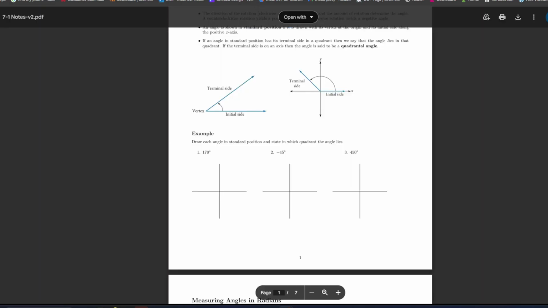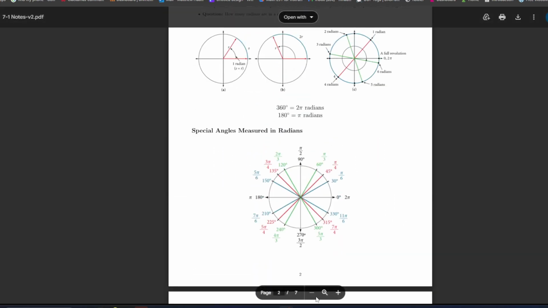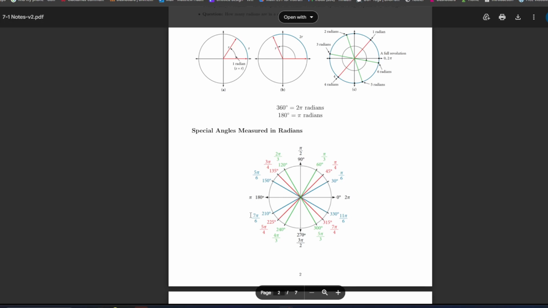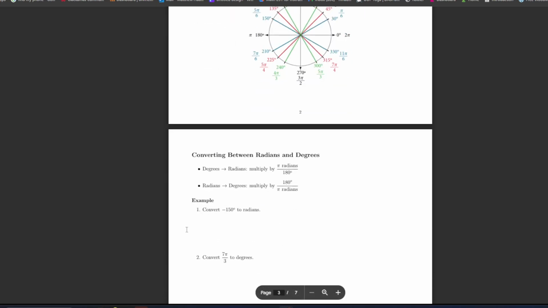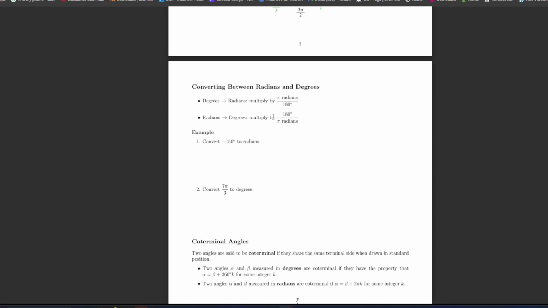So, again, on your notes, we've got that nice circle. We will use this circle a tremendous amount as a tool. So doing that counting your way around that I talked about before, practicing that, really helpful and important. You've got some conversions. I try not to get too tied up in thinking of these as two different formulas.